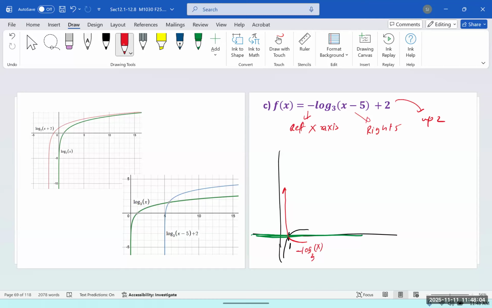Now this reflection, you're taking 1, 2, 3, 4, 5 right, and 1, 2 up, and you are drawing a reflection here. The graph you have here is the same graph you have here.